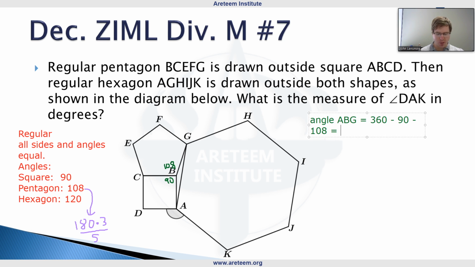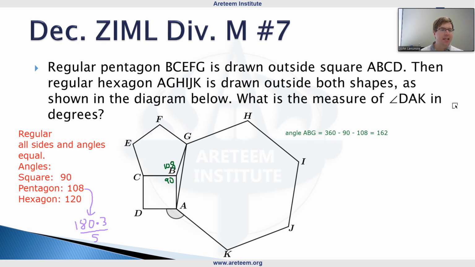So that angle there, right, we can calculate right away as 162. So that is our starting point for this problem. I'm going to probably need slightly smaller text in this case. So, right, that is our first angle here. And then we can continue in that way.